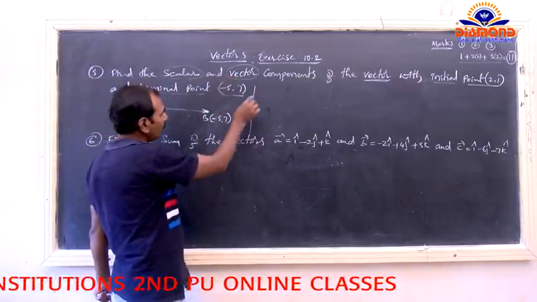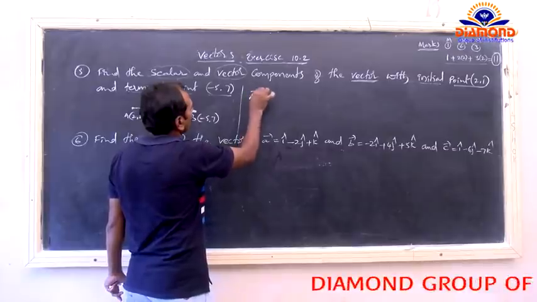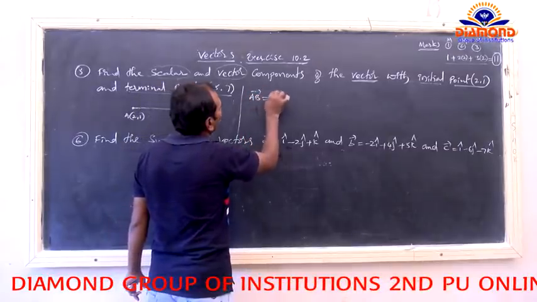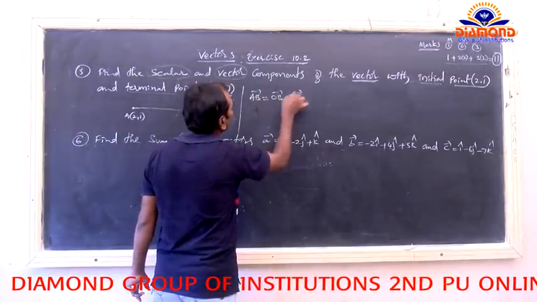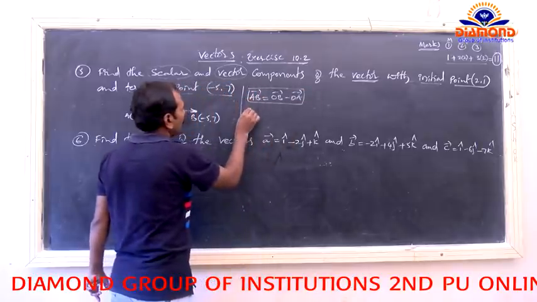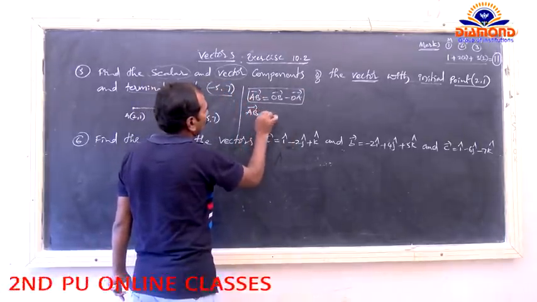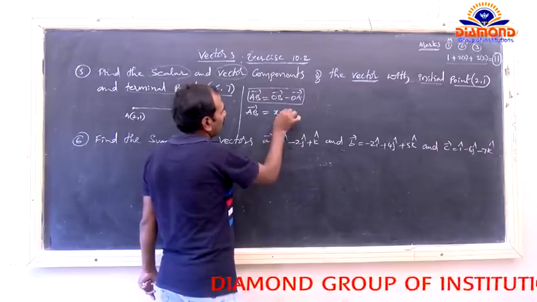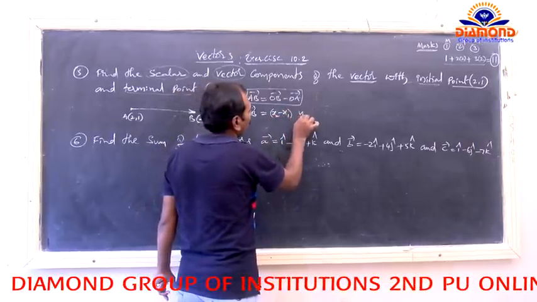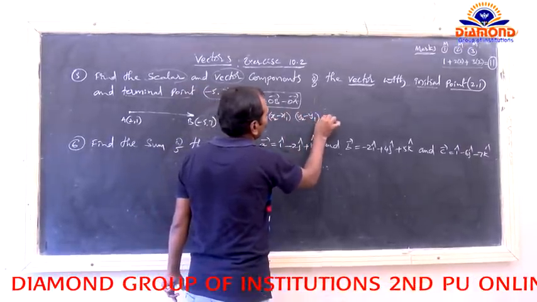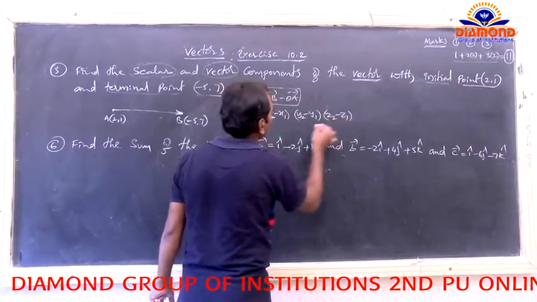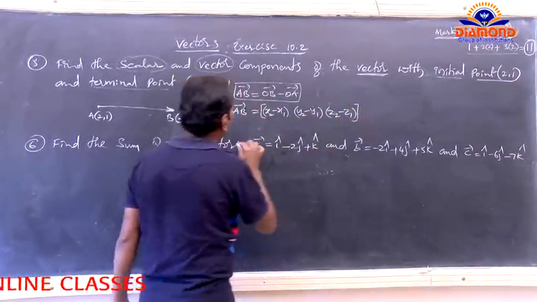So AB bar equal to OB bar minus OA bar. So AB bar equal to x2 minus x1, y2 minus y1, z2 minus z1. This is the form.